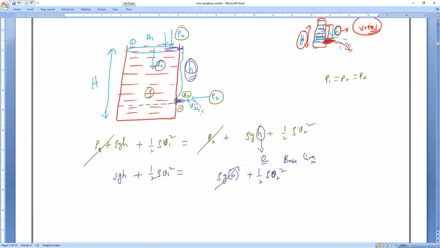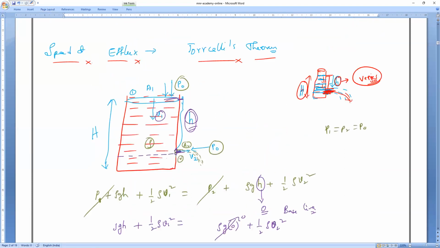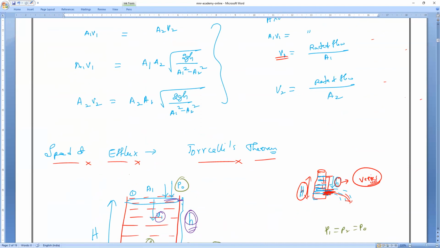So now this term also will become 0. What else remains? Rho GH plus half into rho V1 square is equals to half into rho into V2 square.